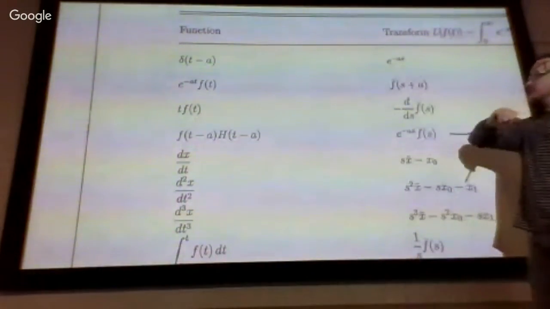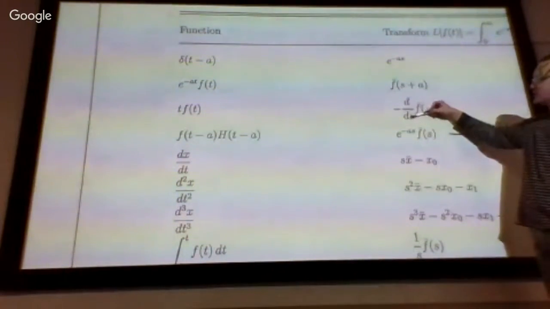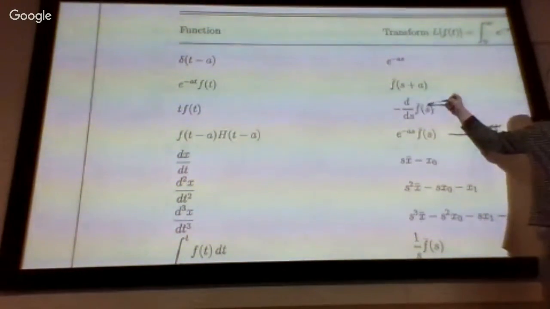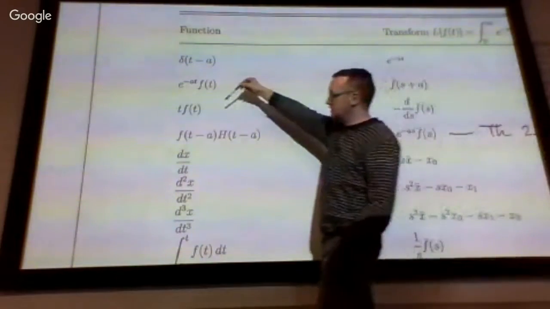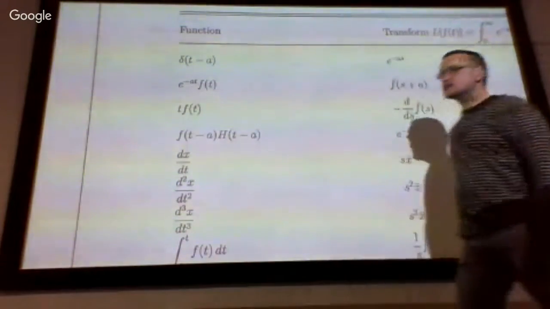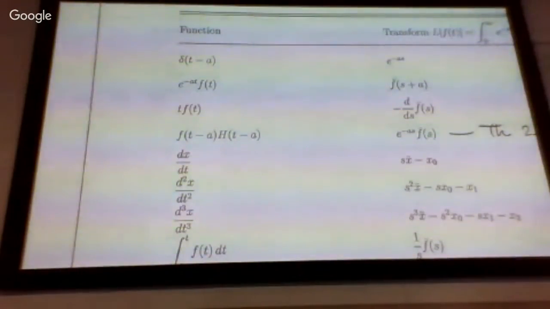The Laplace transform of t times f of t is the negative derivative with respect to this new variable s of the transform of the original f function. So we can use that, okay? Because we've just seen on the table of Laplace transforms the result for transforming t cosine t, and we can use it in combination with that property there.